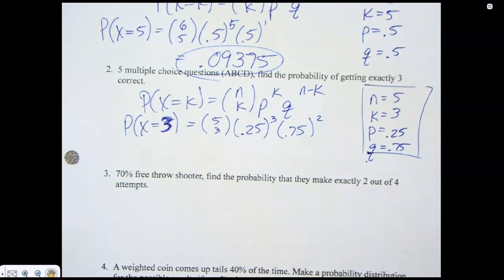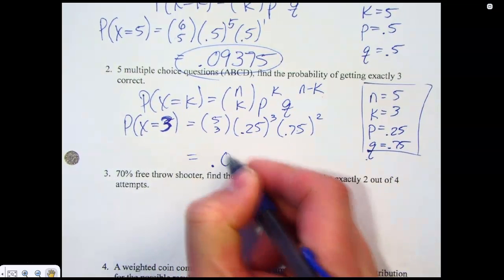Again, you got these quick little checks. These 2 numbers, that's the failures and successes, should add up to the number of trials. They do. And then these 2 numbers should add up to 1. And they do. It doesn't mean you did it right for sure, but it means you're probably on the right track. So go ahead and type that in, and you should get 0.088.